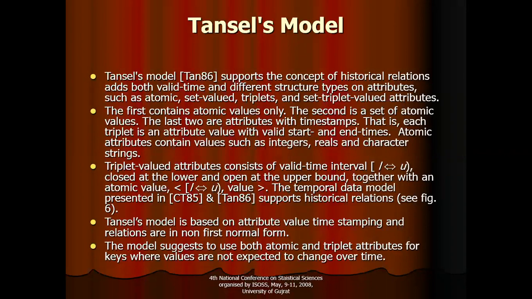When it is open at the upper bound, the values may be added together with an atomic value, and the given value will be assigned to it. You can see in this slide that you have the triplet valued attribute, and that is associated with a particular value.